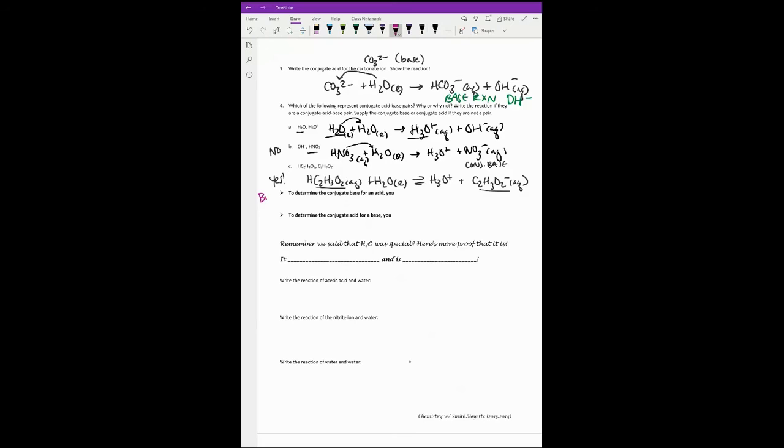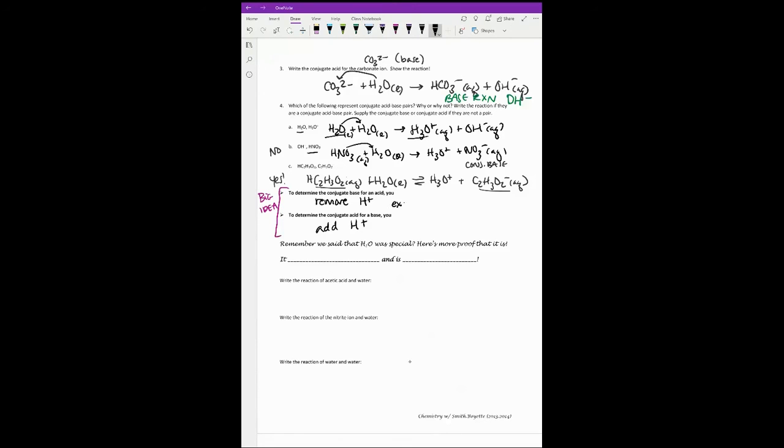All right, here we have a big idea. This is kind of our summary of what we just talked about before. So if you have a conjugate base for an acid, you need to remove an H plus. If you're trying to determine the conjugate acid for a base, you need to add an H plus.